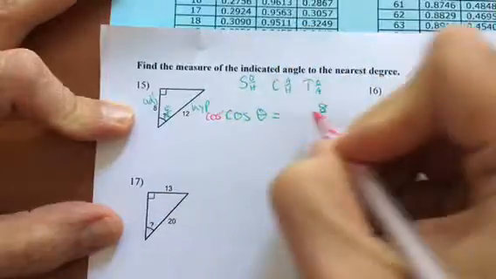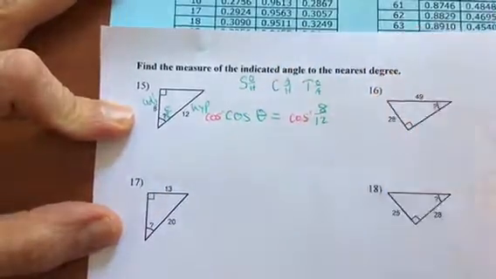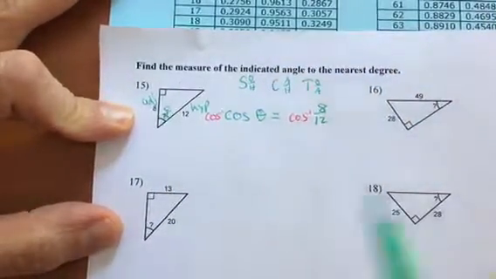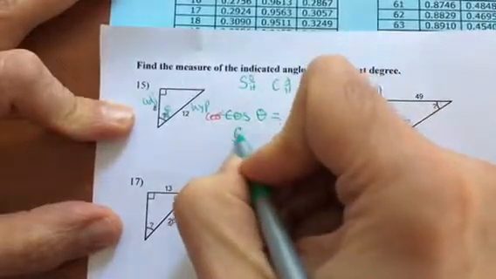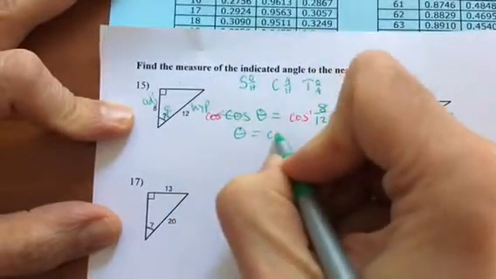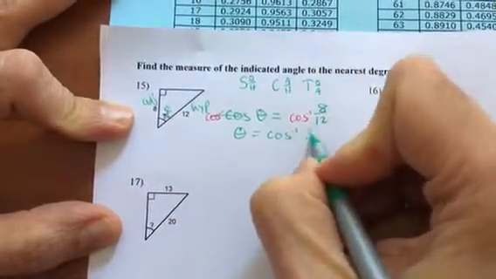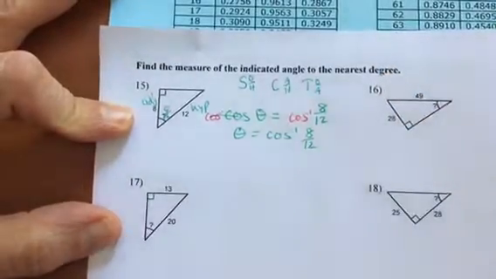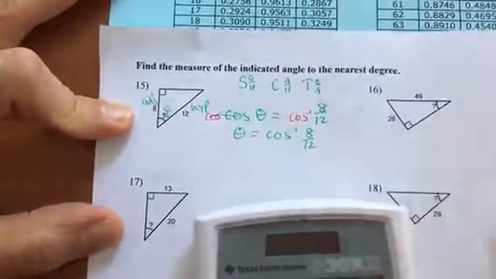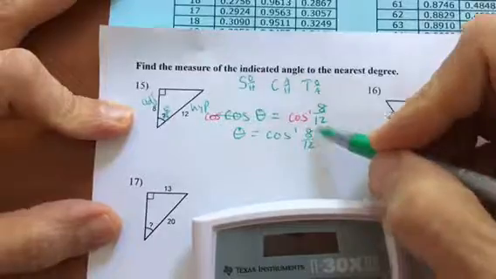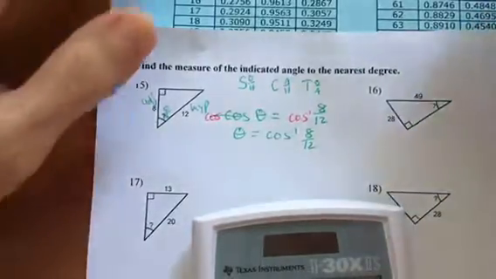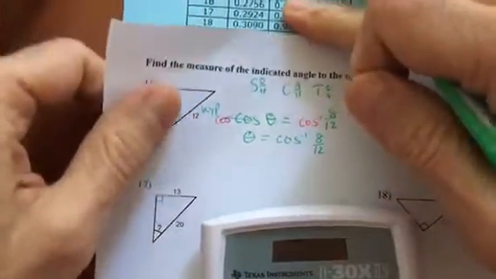All right, I want to get rid of the cosine, so I do inverse cosine to both sides. Theta equals inverse cosine of 8 over 12. Calculator time. Because you can divide this and get 0.66666. I'm looking at this trig table here.